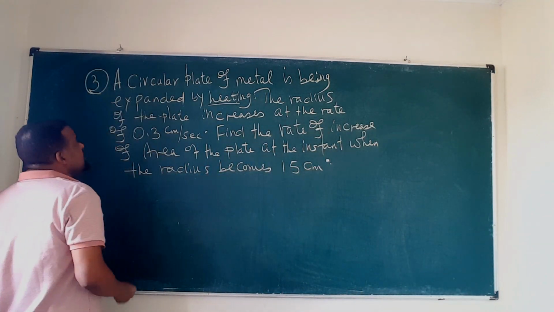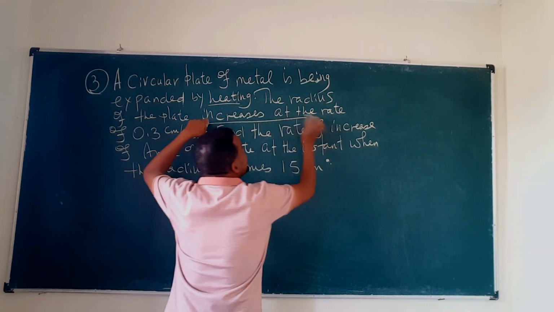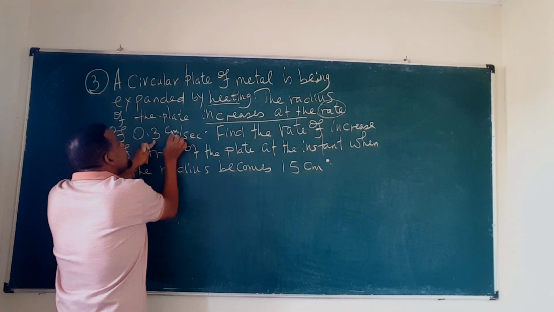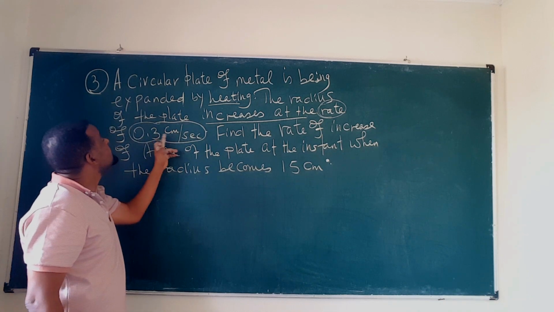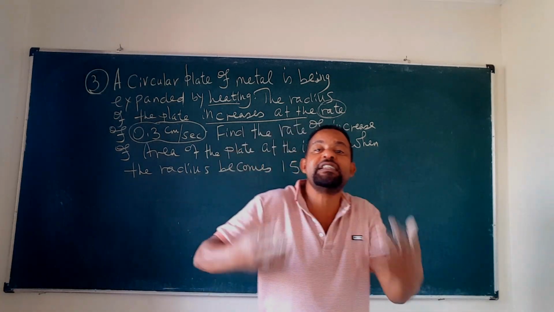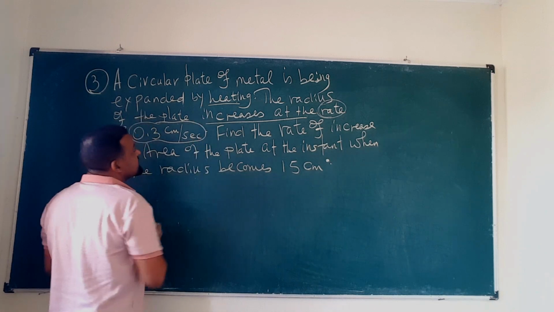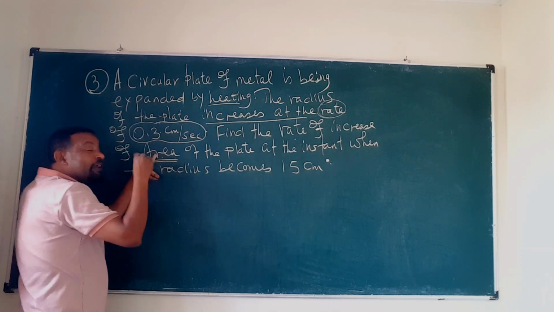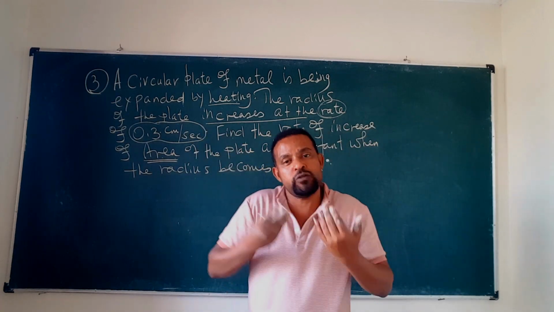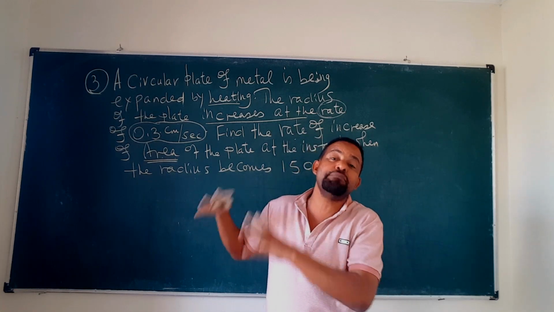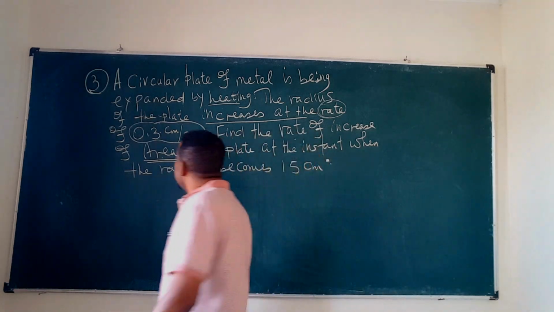The radius of the plate increases when it is heated at the rate given: 0.3 cm per second. In every second while heated, the radius increases by 0.3 centimeters. Now notice that two variables are given to us, the radius and the area. Both change with respect to time. Then find the rate of increase of area. To relate the rates, we need a formula that connects the two.